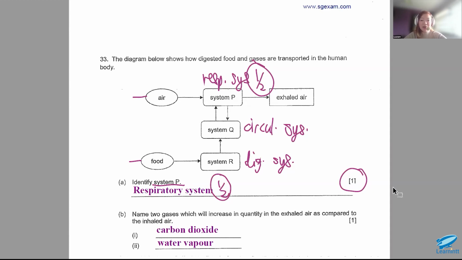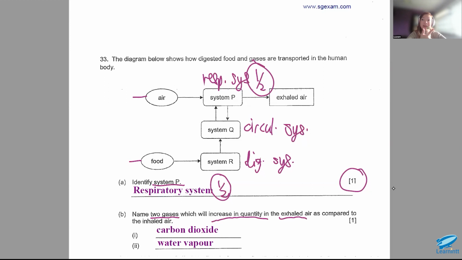Next, name 2 gases which will increase in quantity in the exhaled air as compared to the inhaled air. Now, we all know that when we inhale, more oxygen is absorbed into the lungs. The one that we do not want is something that we give out, and it's in the exhaled air, that is carbon dioxide. The other one is something that students usually miss out. It's actually water vapor. But why do students tend to miss out water vapor?